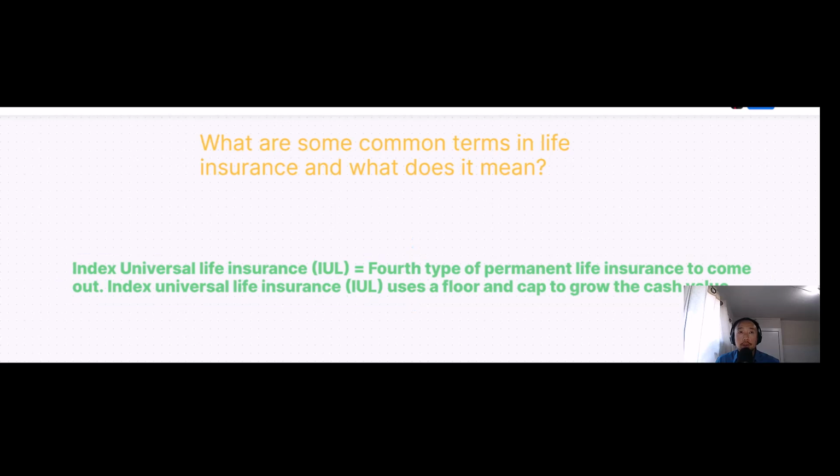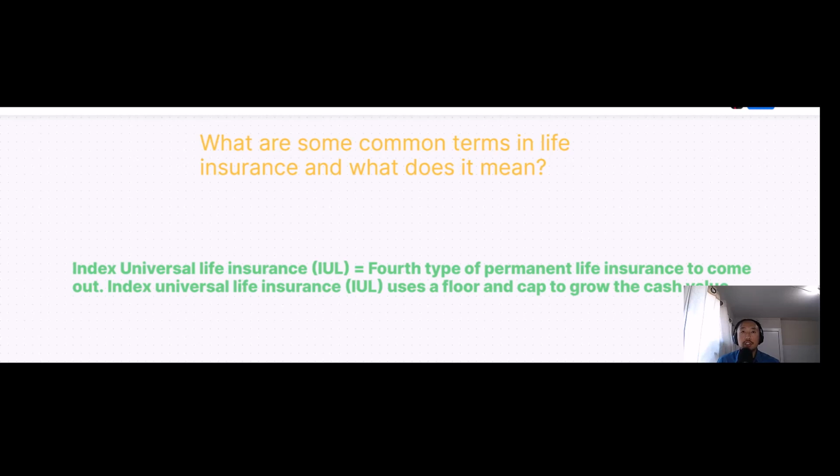The fourth type of permanent life insurance is what we call index universal life, and sometimes I will use the abbreviation of IUL. And in an IUL, the money engine grows using an index with a floor and cap to credit your rates of return.